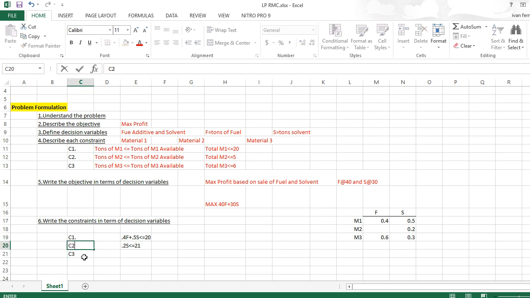C3, your third constraint for material 3, is going to be the same as material 1 because it's used in both products. It's going to be 0.6 times fuel plus 0.3 times solvent.